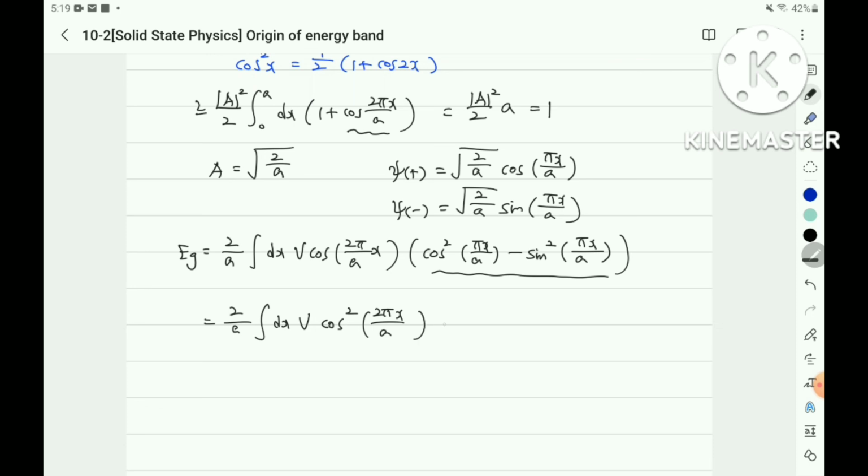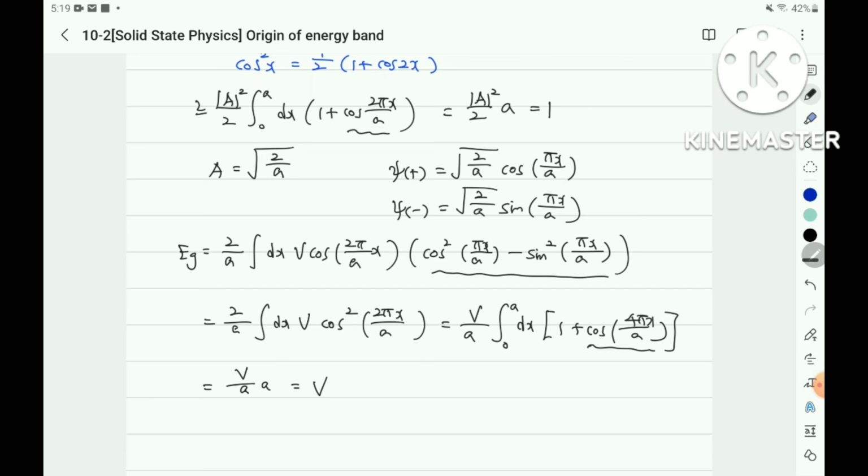Then from the same formula, it is V over a times the integral from 0 to a dx of 1 plus cosine of 4 pi x over a. Because this cosine term is also 0, because the integral of sine from 0 to a is equal to 0. Therefore, it is V over a, and multiplying by a gives V.